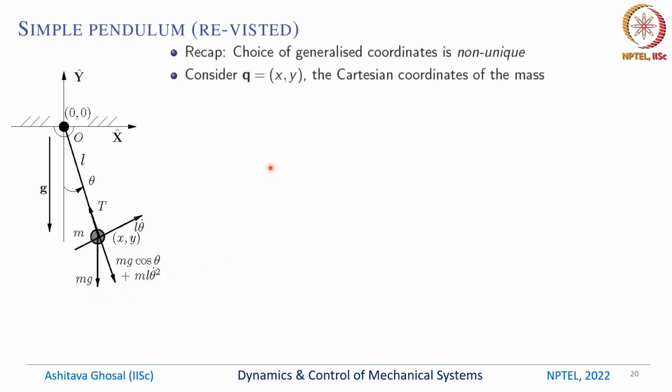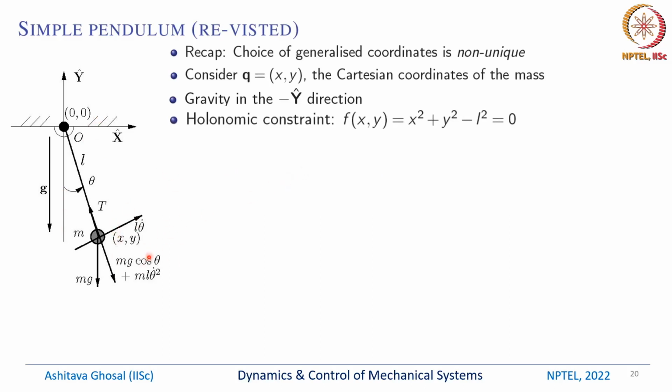So we recap that the choice of generalized coordinates is non-unique. We could consider q, the generalized coordinates, as x comma y, the Cartesian coordinates of the mass of the bob. The gravity is in the minus y direction.